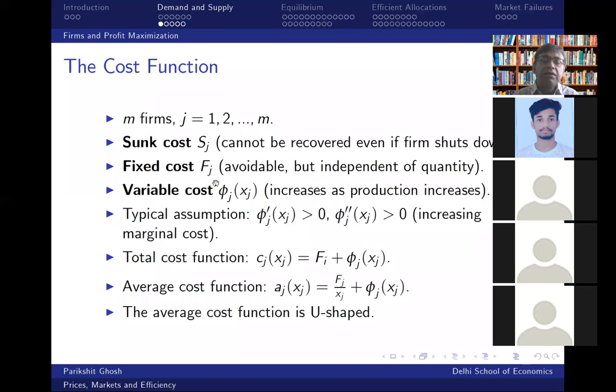Now, nothing is written in stone. In our example, the dentist has already completed his education and acquired his degree. But if you review his economic problem at another point, suppose there's a student who has just gotten admission to a dentistry program after class 12 exams. And that student is deciding whether to get into dentistry, do this course, get my degree, or whether to try my hand at acting, right?